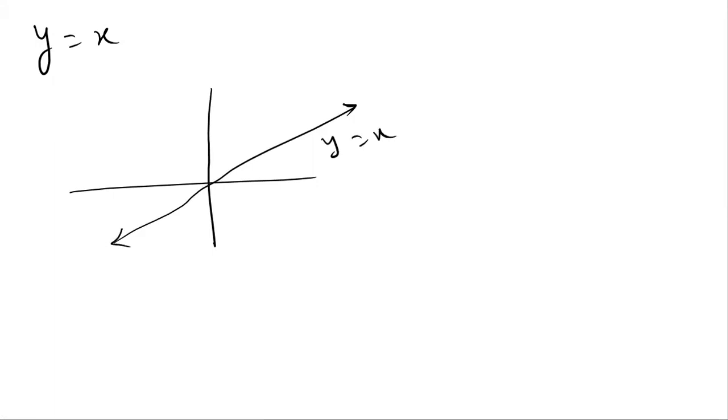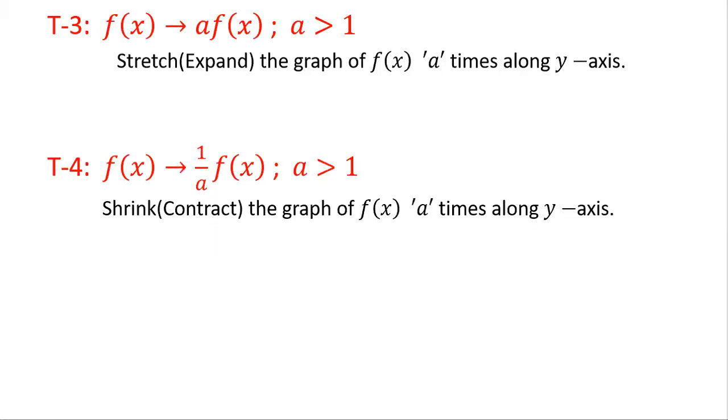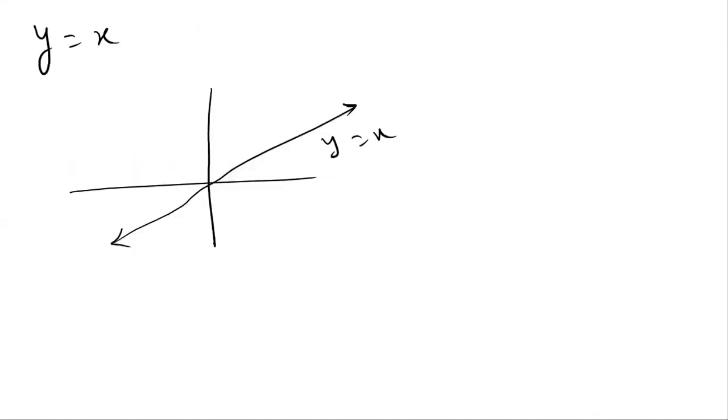Correct? Now, what I have shown: a times f of x means the graph will expand or stretch along the y-axis, and it will contract the graph along the y-axis if it is 1 by a times f of x.